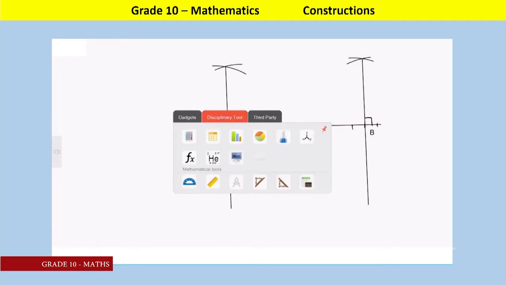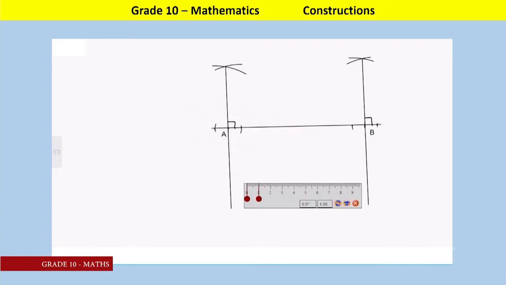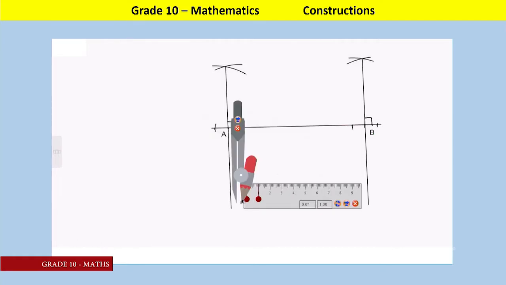Now we are going to construct parallel lines. Let's construct parallel lines to this AB on either side 3 centimeters away. So take your pair of compasses, keep the steel point on 0, using the help of ruler, measure 3 centimeters.